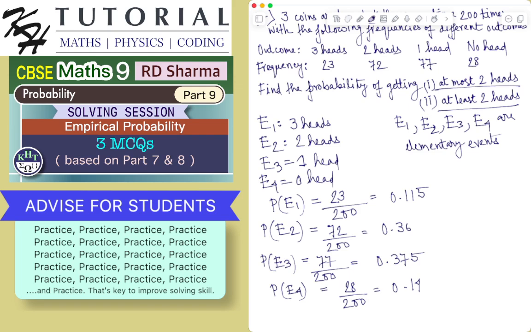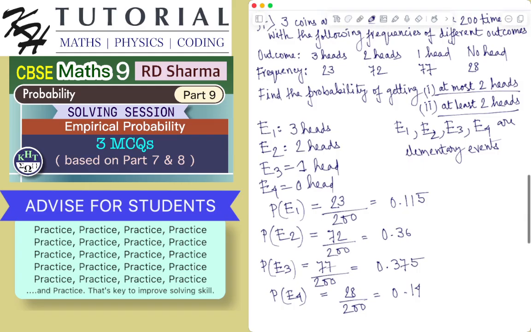I think I have made some mistake. 28 is 14. Okay, 77, how much is 77 divided by 2? 38.5. Oh, sorry, this is not 0.375, but this is 0.385. Now it will be correct.